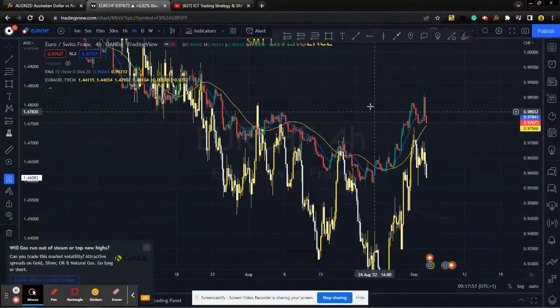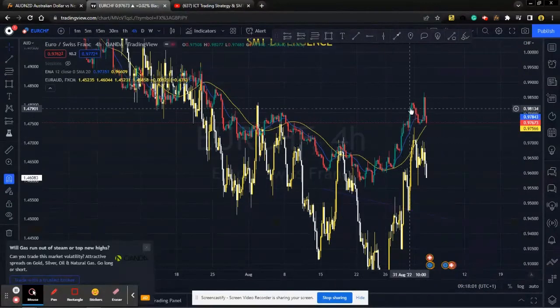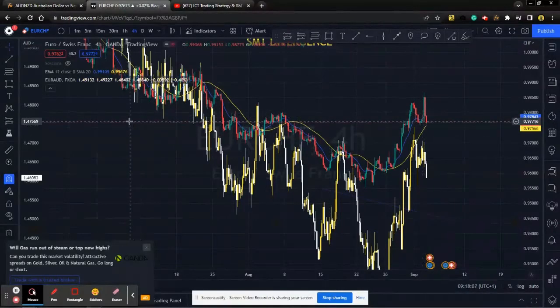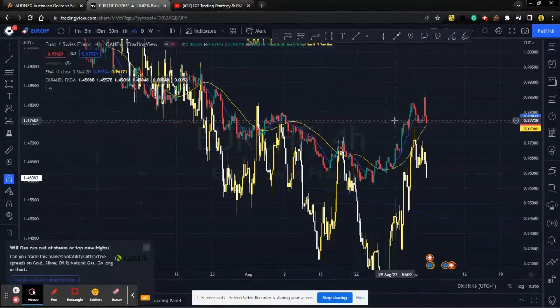On Euro CHF, the market made a high and a higher high, but when you come to Euro AUD, the market made a high and a higher low, indicating that the market was willing to go down.